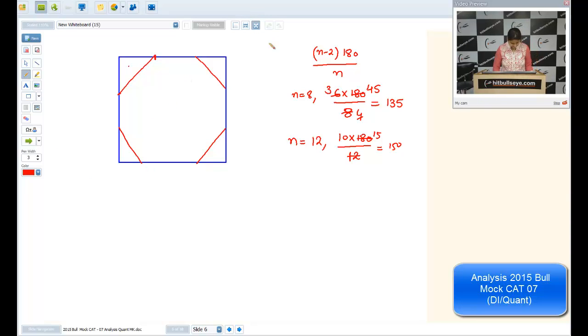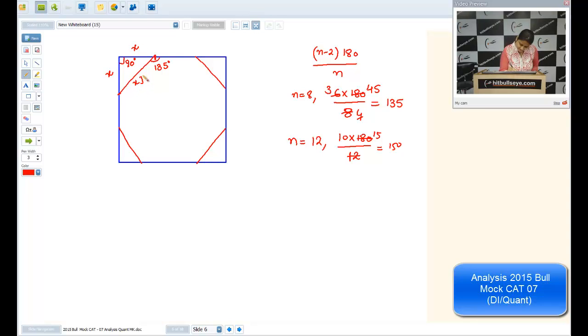Now this angle is of 90 degrees. Since this angle is of 135 degrees, let it be x.